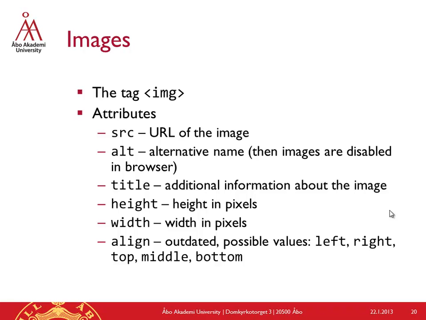It might be useful if the browser is unable to show your picture. In all browsers, usually people try to switch off images because they were loaded for a very long time. But now the internet connection is more or less okay, and people are still unable to see images for some reason. For example, if there are still some problems with connection. So if the connection is broken, the user will be unable to see your image.